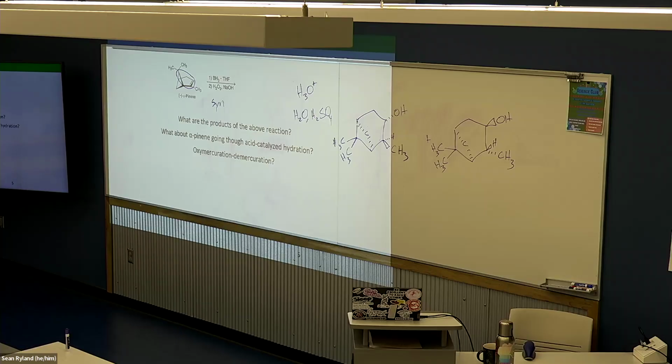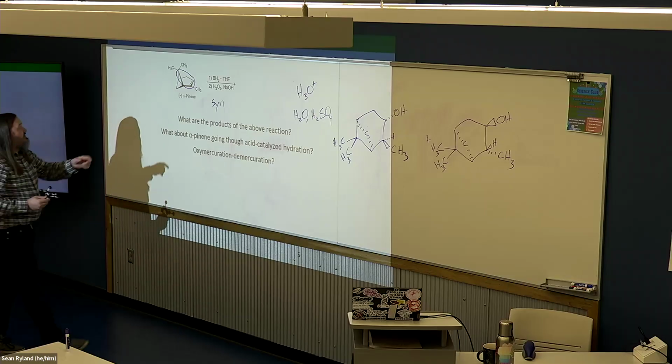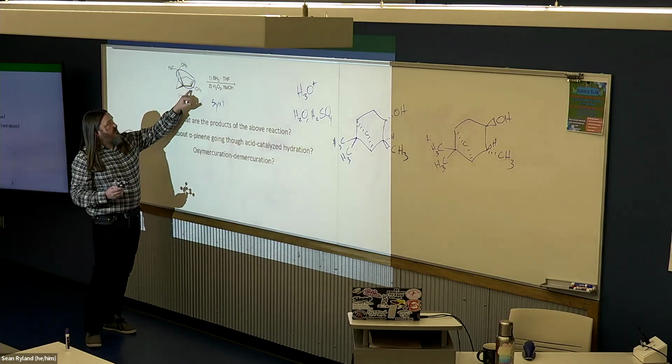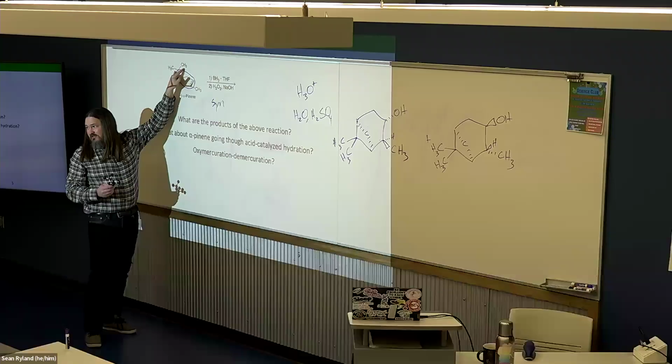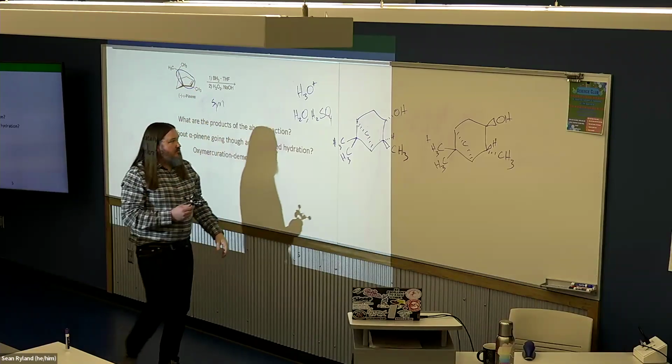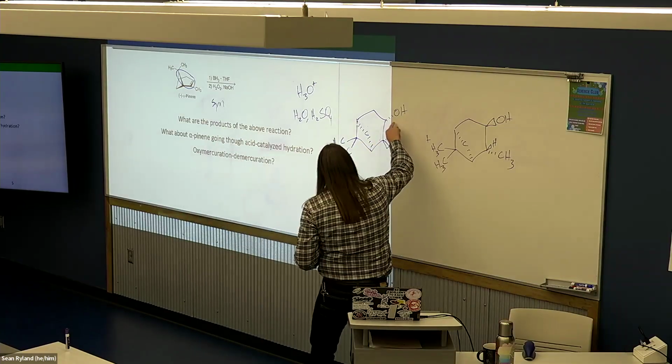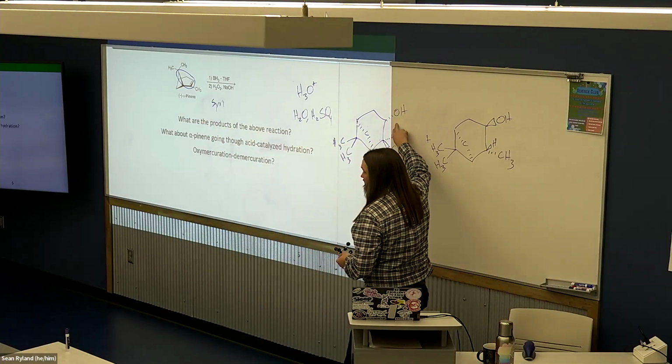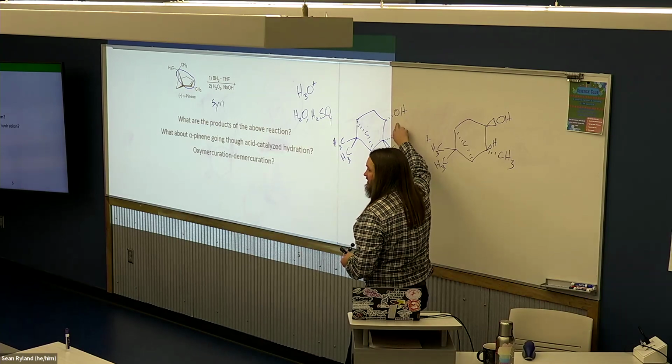If the boron is going to attach from the bottom, we're going to wind up with our oxygen pointing down, away from these, and this methyl is going to point upward. So this is the one where we'd expect to see higher amounts.